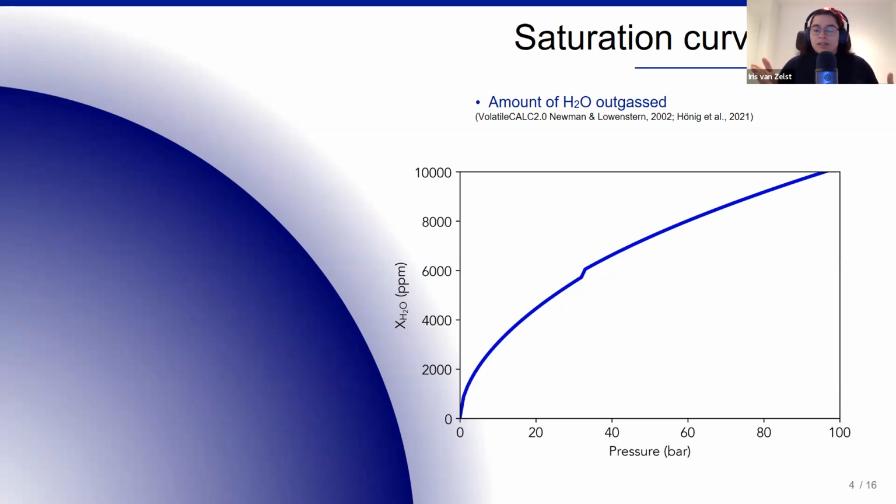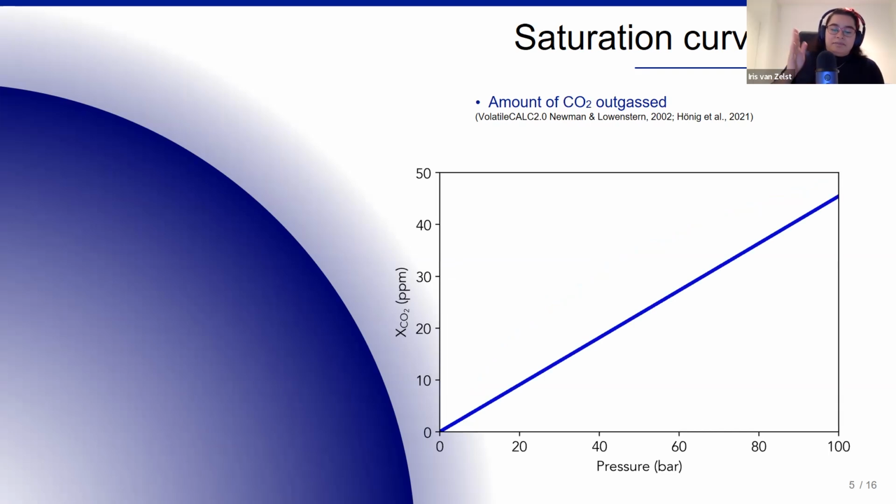This is an example for water, with on the x-axis the pressure that is relevant for Venus, and then you can see at which concentration in the atmosphere it's saturated with water and it wouldn't outgas anymore. And the same happens for carbon dioxide. So that is how we deal with limiting the amount that gets outgassed into the atmosphere.